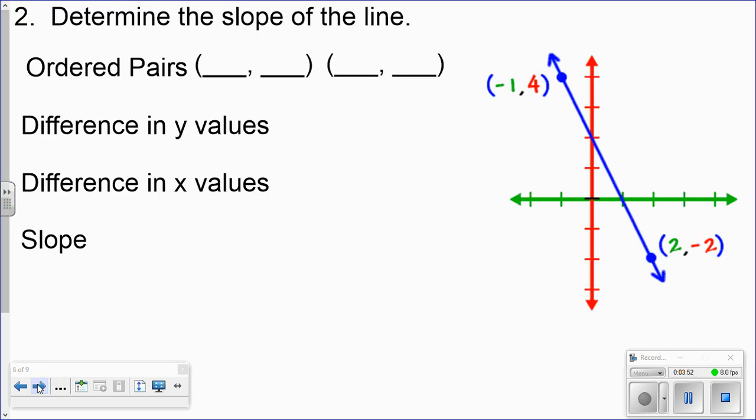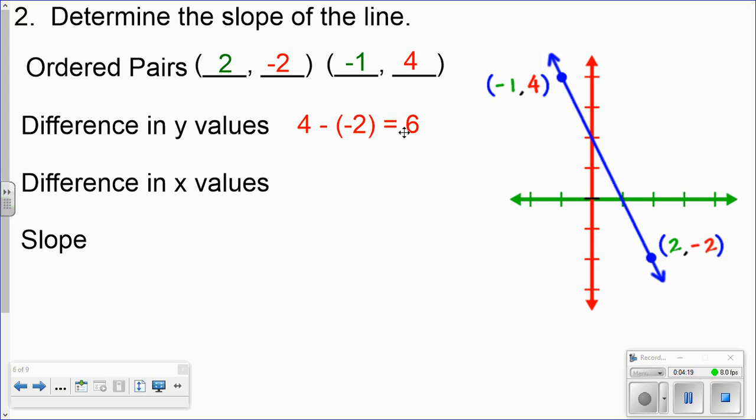So from ordered pairs, we can look at the ordered pairs in this graph, and we have one ordered pair at 2, negative 2, and we have another ordered pair at negative 1, 4. So the difference in the y values, remember difference means subtract. So if we take this y value of 4 and we subtract negative 2, 4 minus negative 2 equals 6.